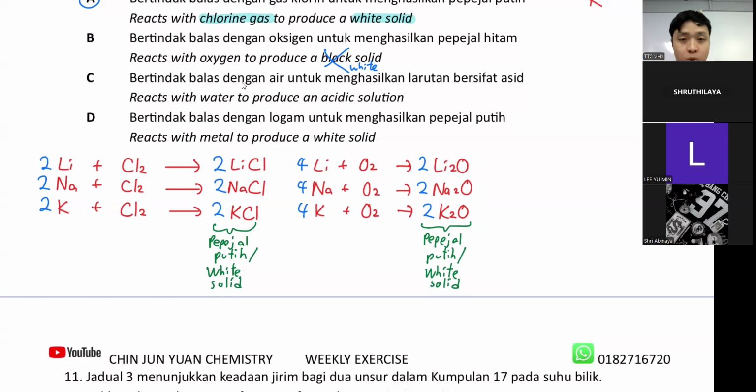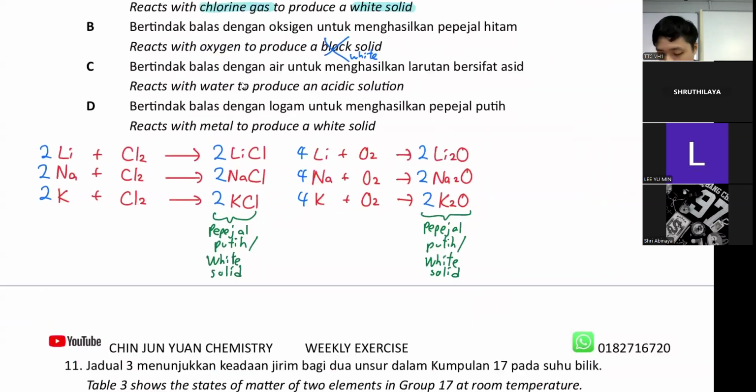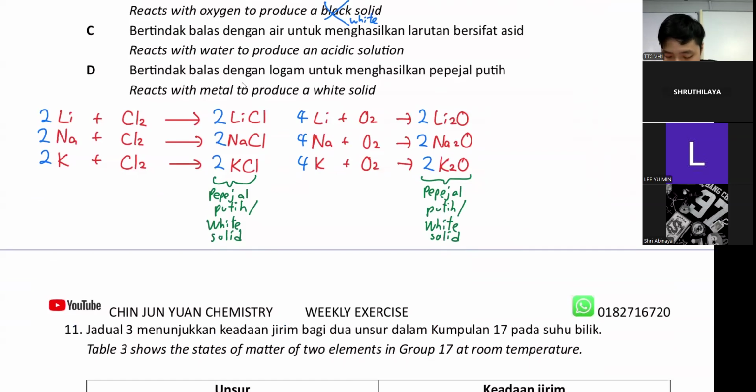C, react with water to produce acidic solution. No. Okay. So again, I'll show you the equation here. So Li, Na and K, all these put inside water, you will get LiOH, NaOH, KOH, and hydrogen gas.